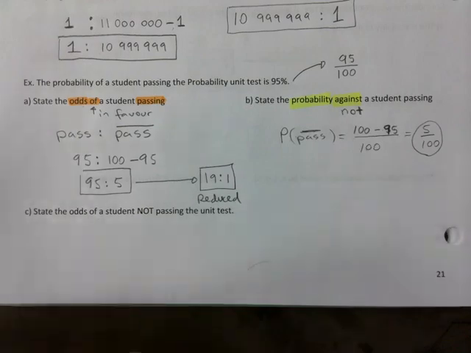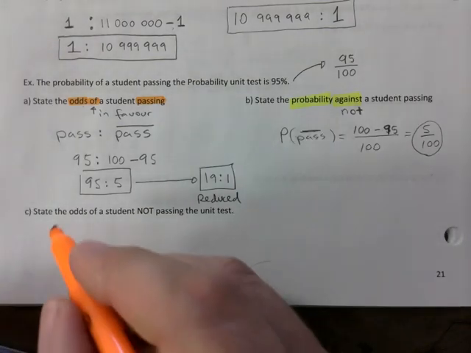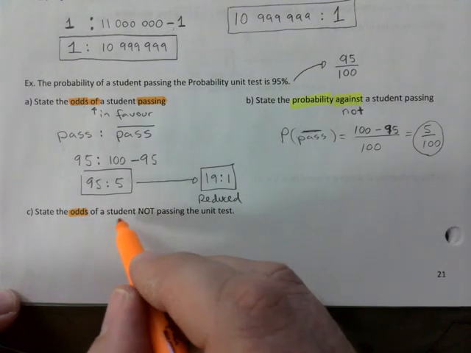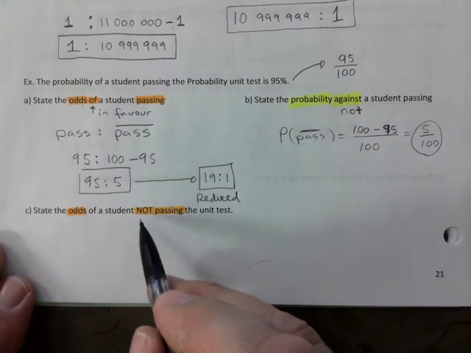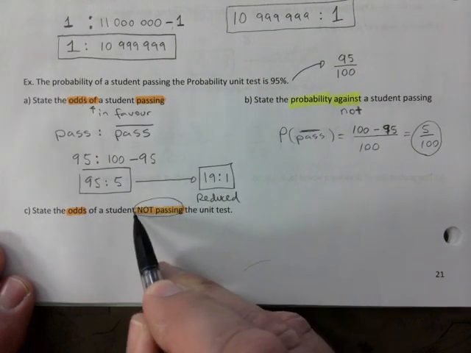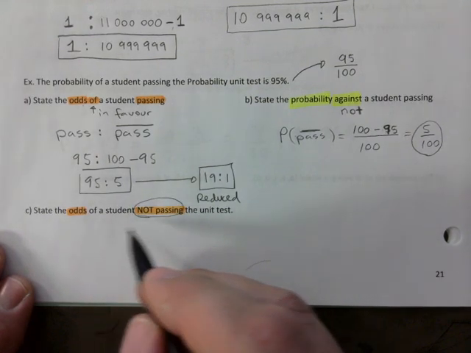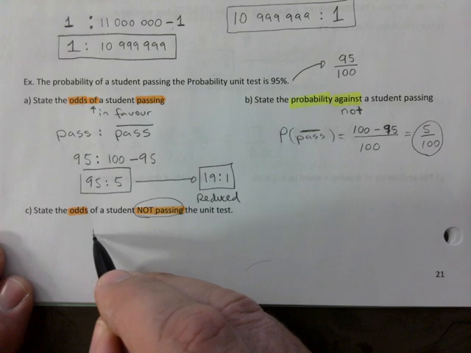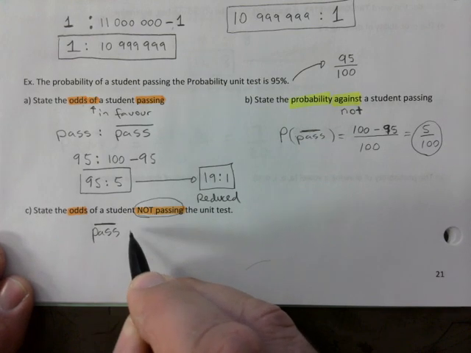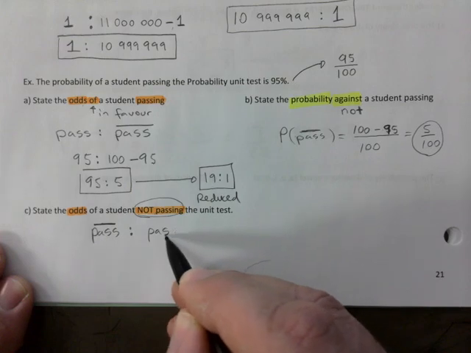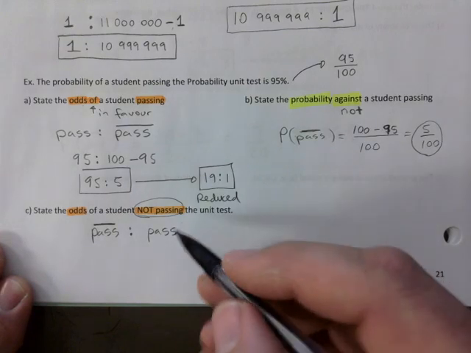State the odds of a student not passing. Odds of a student not passing the unit test. What is our event here? Odds of not passing. It's not passing, so we go not pass compared to pass. That's what it's asking for here.